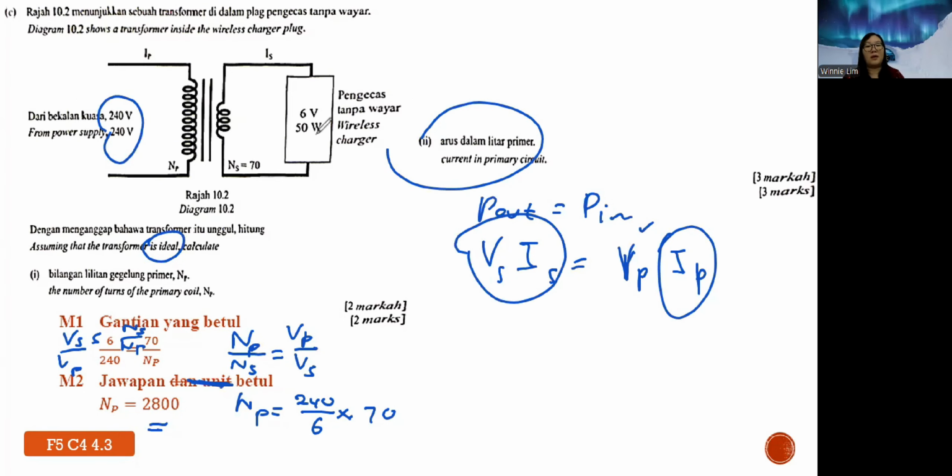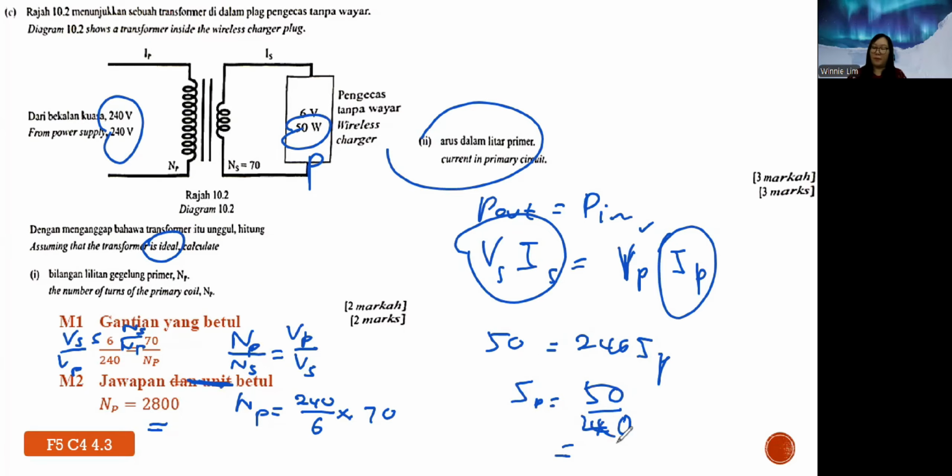You only have Vs, you do not have Is, but we don't need this. We can have the power straight away, the output power. So that's why we have 50 equals 240 Ip. So Ip equals 50 divided by 240, and then you will have 0.208333.